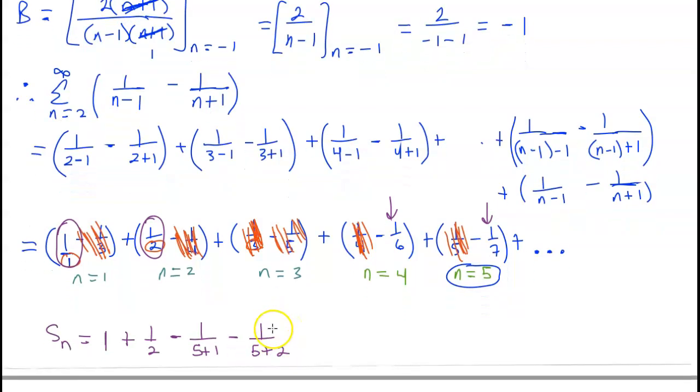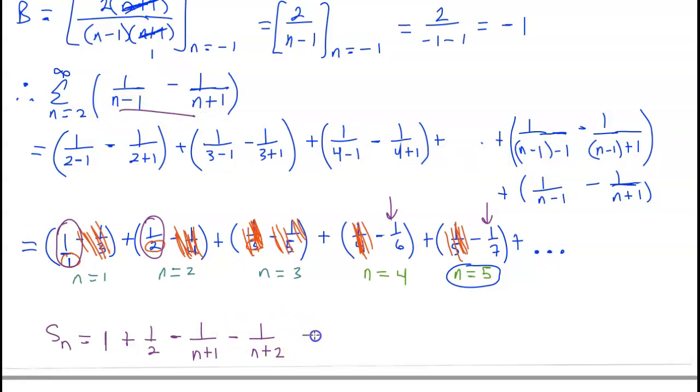And so finally, if n is 5, I replace my 5s with n, then what I'm going to have in the denominator here is going to be n plus 1, and I'm going to have n plus 2. And so this is what my nth partial sum of this particular sequence would look like.